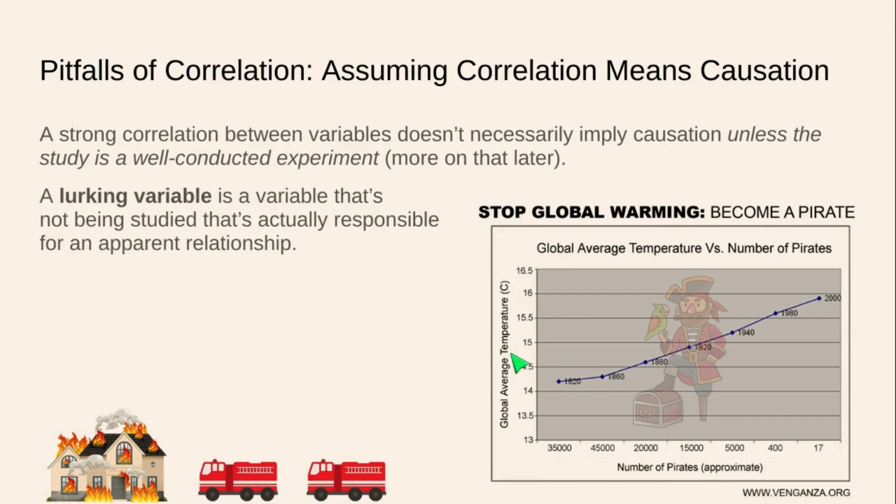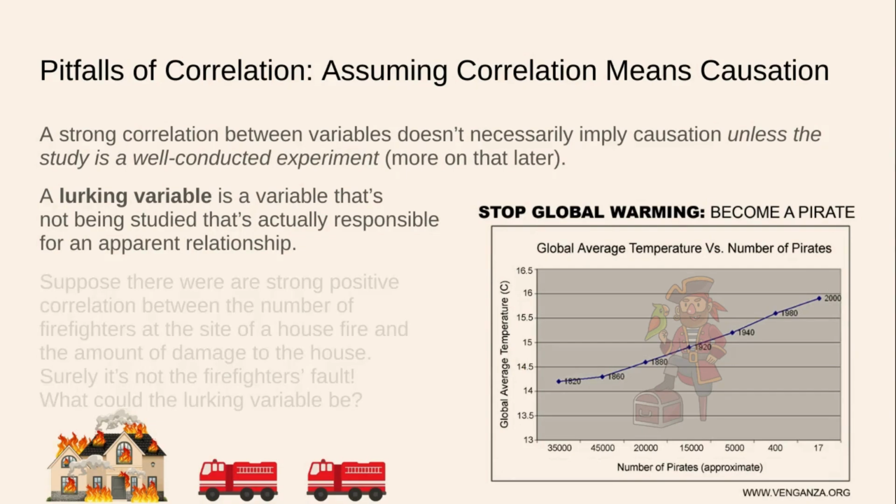There's a lurking variable, and there could be many lurking variables. Geological things, man-made things, things that may increase the temperature over time. All right, so any one of those things could be a lurking variable. We should not don our pirate gear if we want to lower global average temperatures. That is very silly.